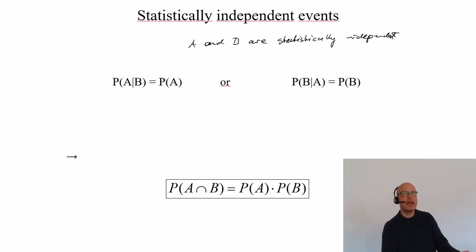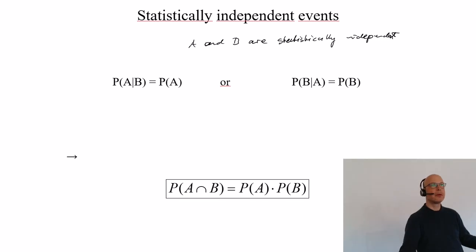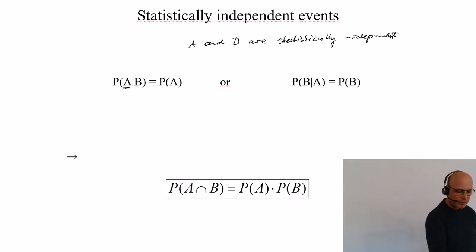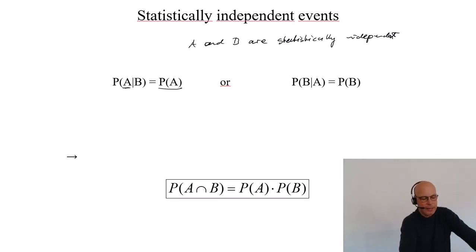If A and B does not have anything to do with each other, then of course for the probability outcome it doesn't matter if we ask for the probability of A or for the probability of A when B has already happened. Then, of course, P of A conditional on B is the probability of A itself, and of course, the other way around.